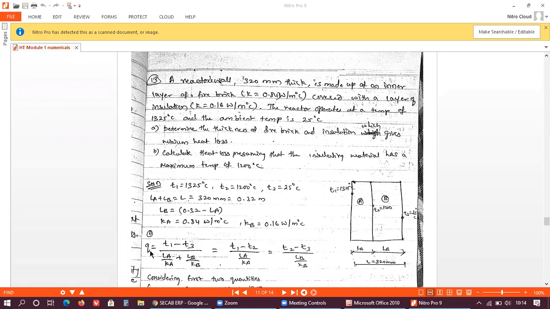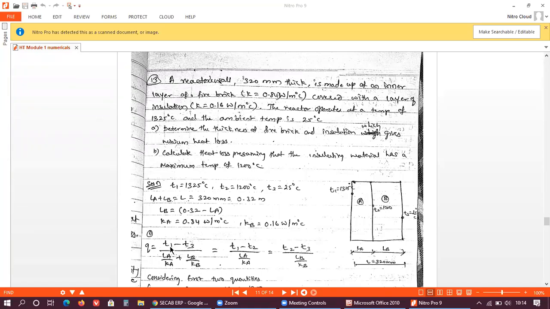So accordingly I have taken this formula, what you are observing here: T1 minus T3 divided by LA by Ka plus LB by Kb. This is the formula for the entire slab, including both the slabs.